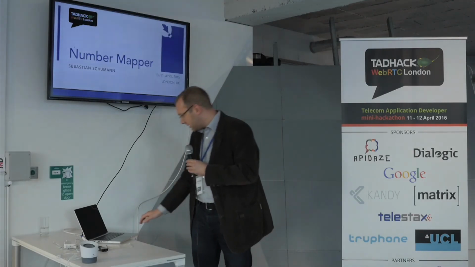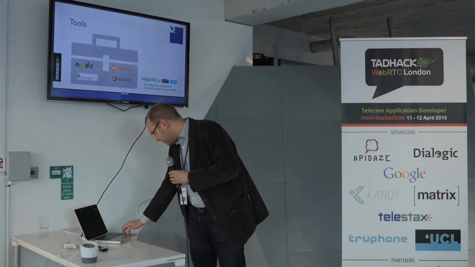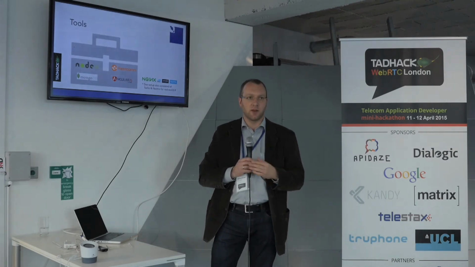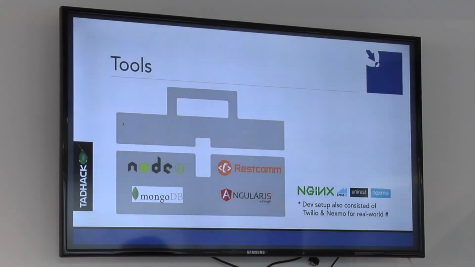So the way I've built it is, let me just go there. I've used some tools. My main service consists of two elements, actually three elements, but one is an external service. I've built an API using Node.js that is the heart of the service that manages the interaction between all the bits and pieces. I'm using Restcom for handling the interaction with the fixed line, so a fixed line number will call Restcom and then interact with it.